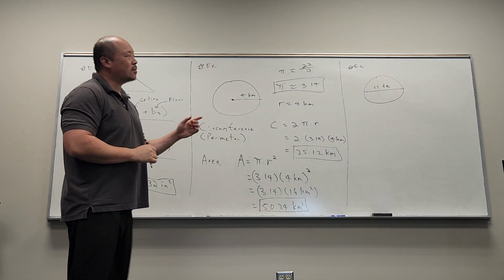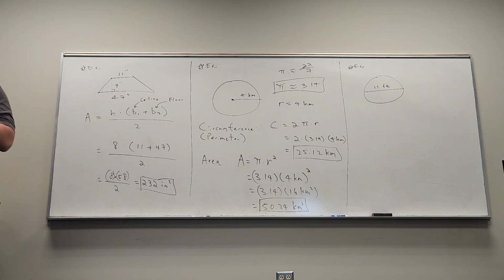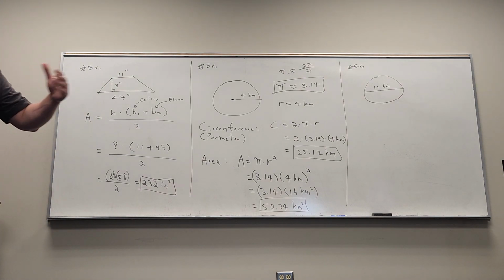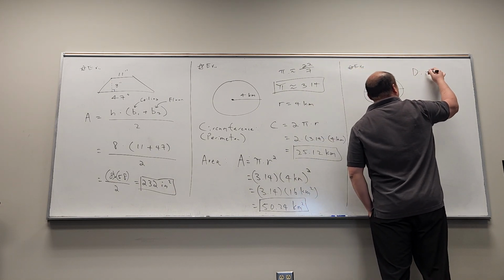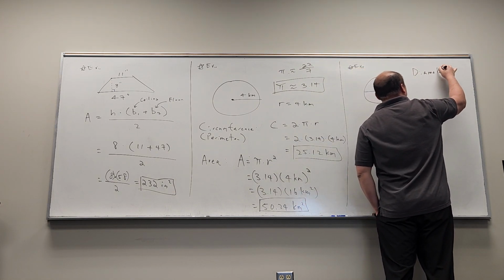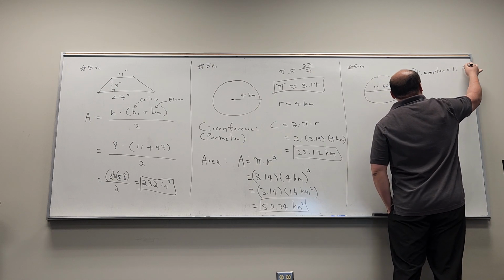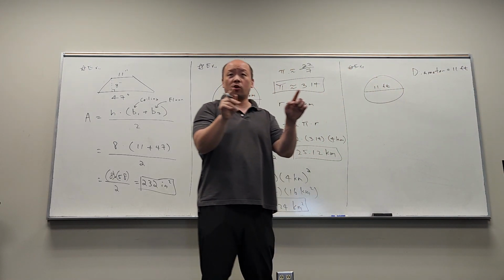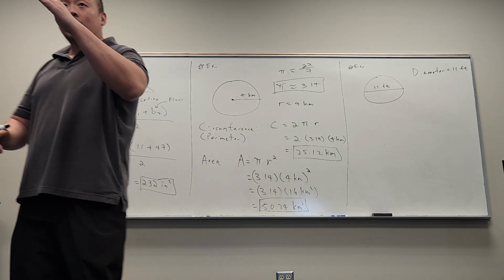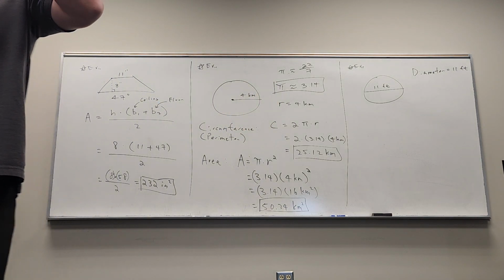So you see the problem there? They did not tell you the radius. They gave you the diameter. So the diameter equals 11 feet. And diameter is the full length of the circle from one end to the other. It has to cut through the center, though.